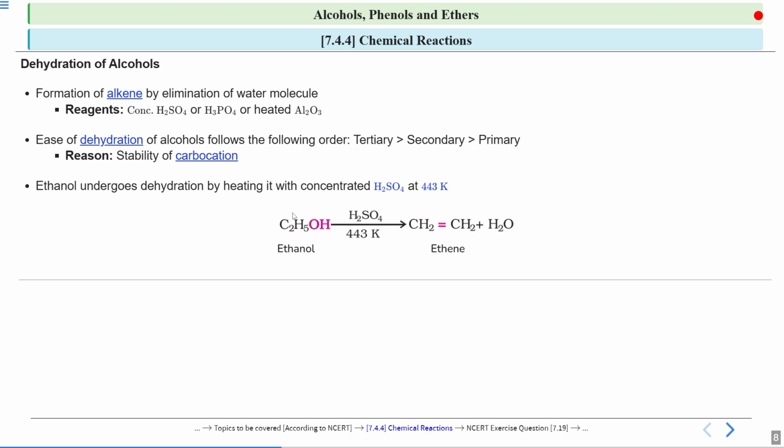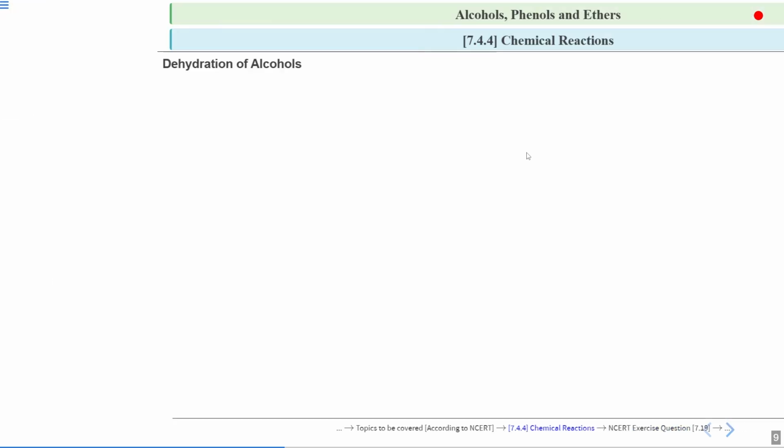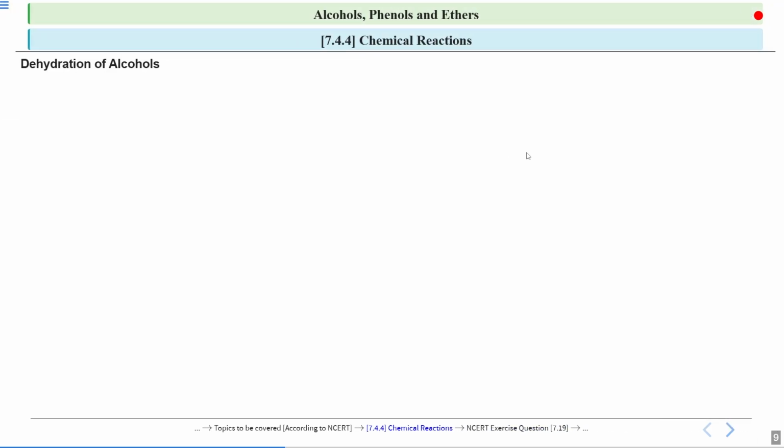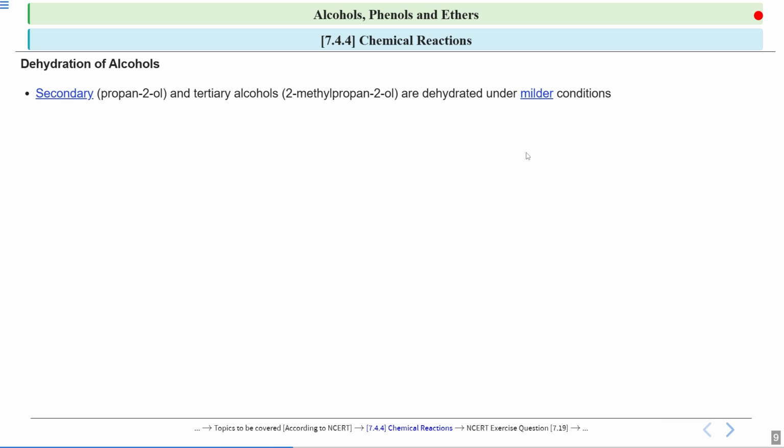As I told, in dehydration of alcohol the water will be removed and an alkene will be formed. Now we will look at the reaction mechanism, how from alcohol the alkene is forming and water is being released.